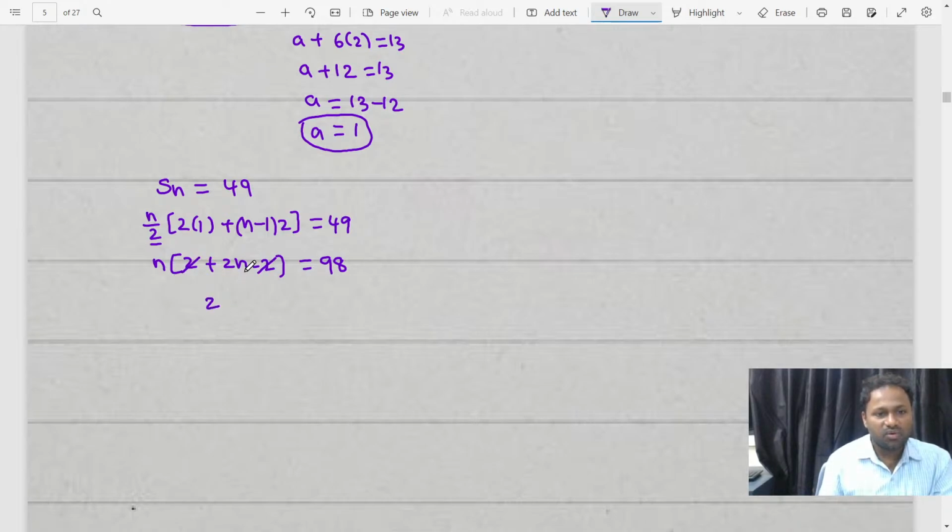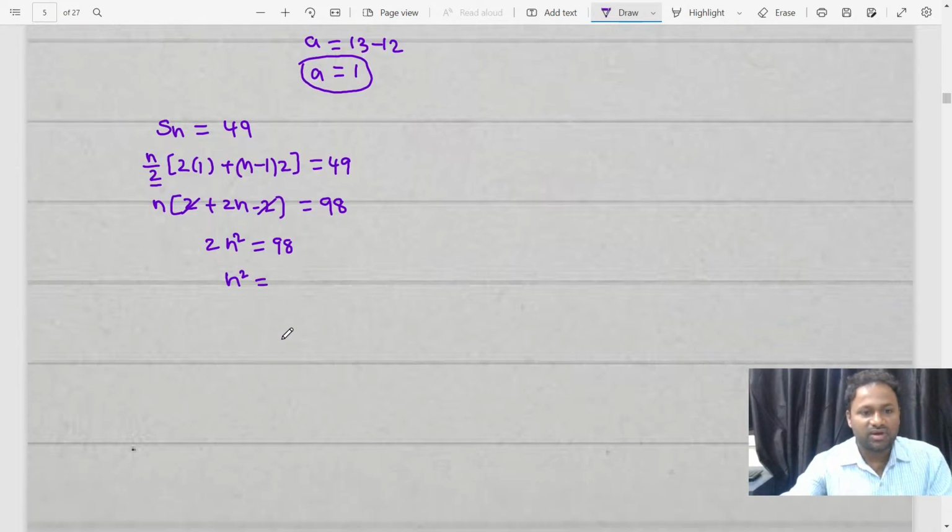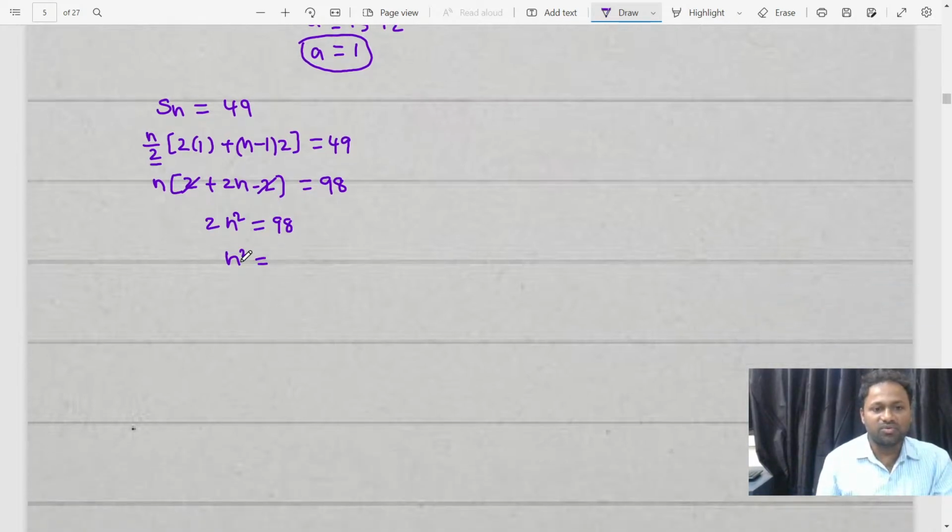Here 2, n into n, what we get? n square is equal to 98. Here n square is equal to what we get? 98 by 2. That means we will get 49 itself.